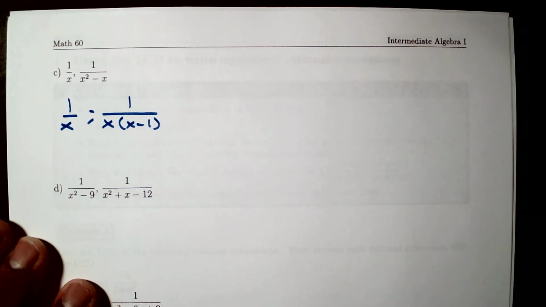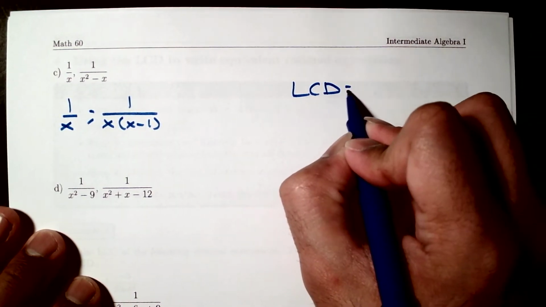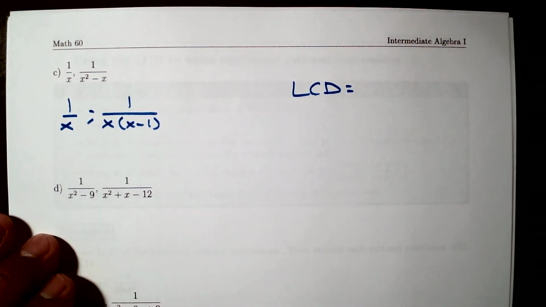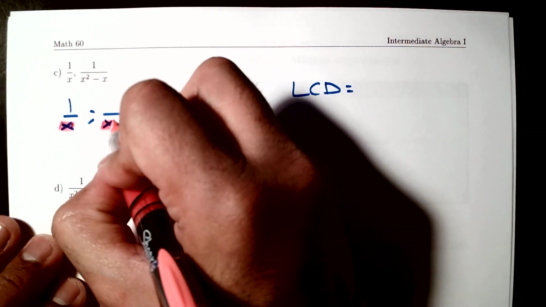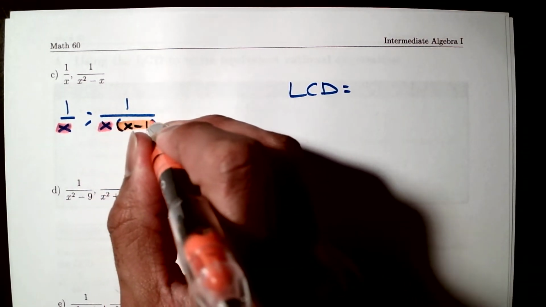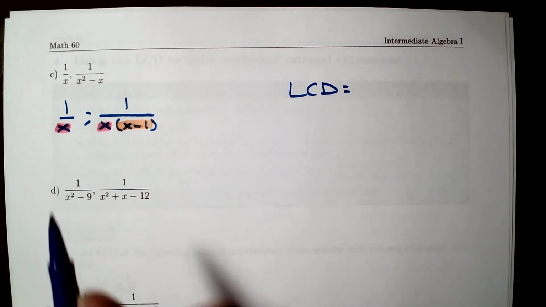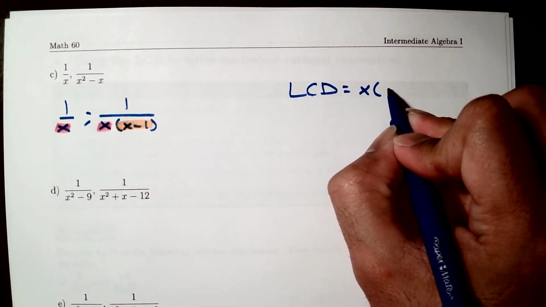Alright, so let's find the LCD for this. The LCD will be the product of the distinct factors. So I'm going to highlight all distinct factors, x and x. And with a different color, x minus 1 happens to be a different factor. So I'm going to multiply the different factors, x times x minus 1.